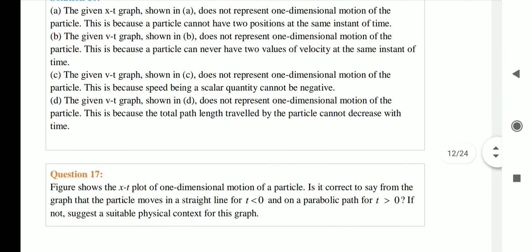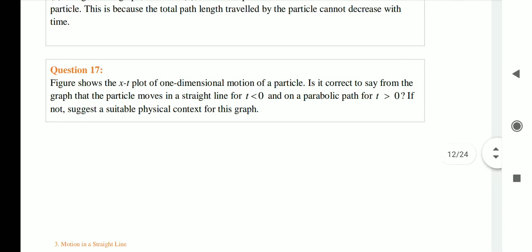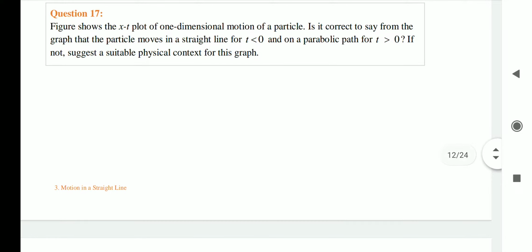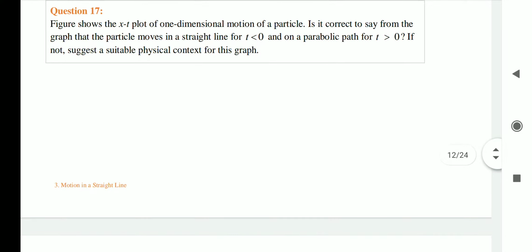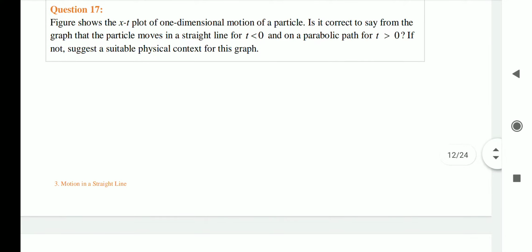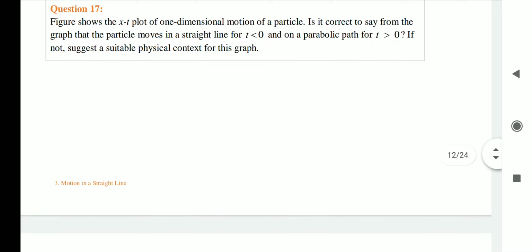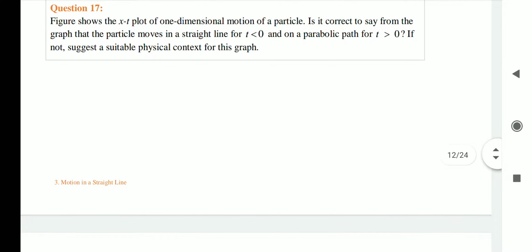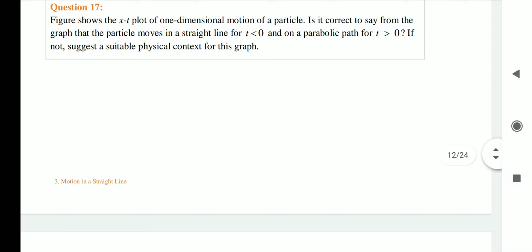Now let's have a look at another problem given to us. This is question number 17. A figure is given which shows the xt plot of one-dimensional motion of a particle. That means again it is a straight line motion. Is it correct to say that the particle moves in a straight line for t less than 0 and for t greater than 0 has a parabolic path?